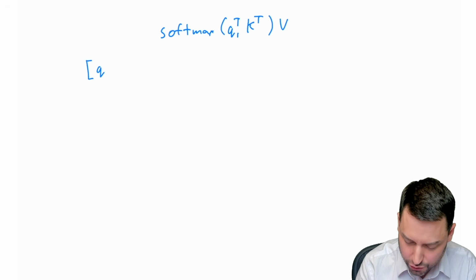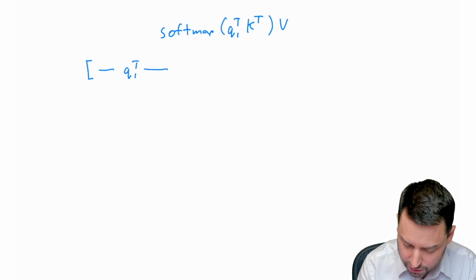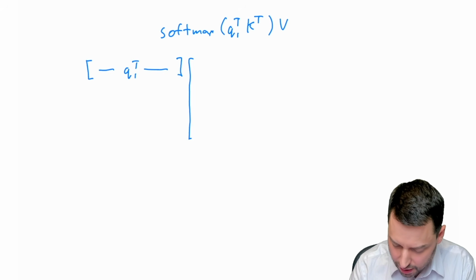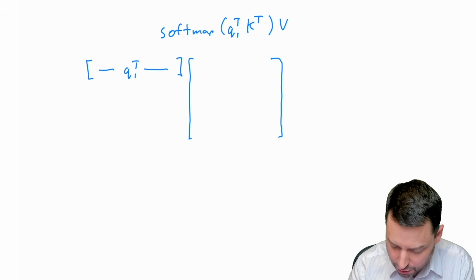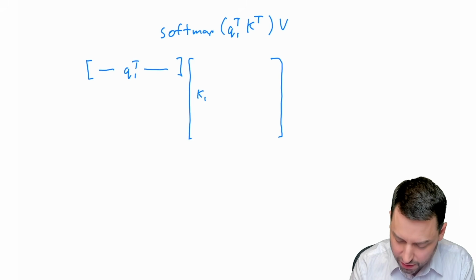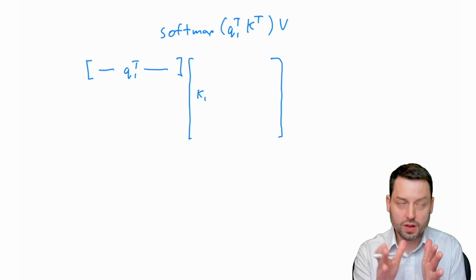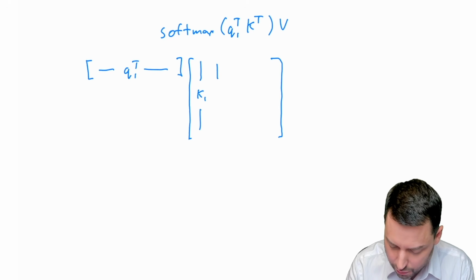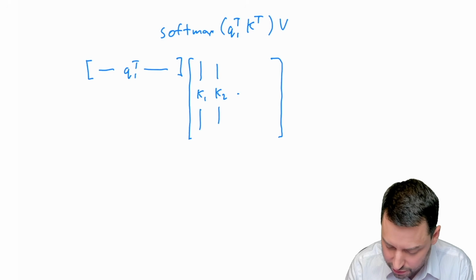Q1 here is just the first row of my Q matrix. Q1 transpose times K transpose. And K transpose is a matrix that I'll write by columns. The first column is K1, the next column is K2, etc., all the way up to KT.